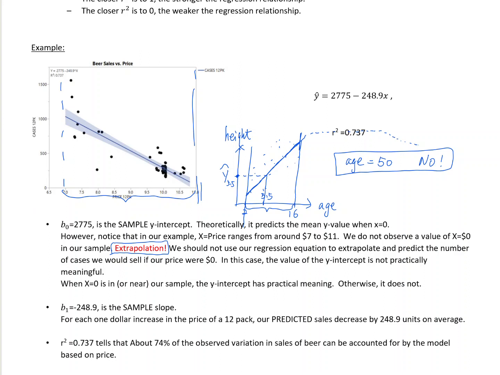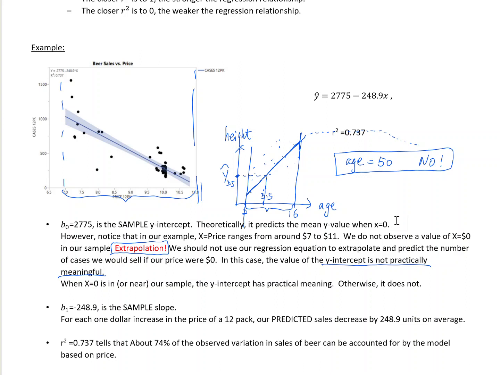First, b0 is the sample y-intercept, and theoretically it predicts the mean value of y when x equals 0. But we do not have practical meaning for x equals 0, because we cannot make the extrapolation mistake. So we say this y-intercept doesn't have any practical meaning.